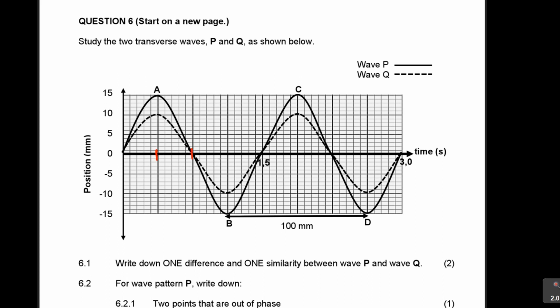This is time in seconds already. See that? It's a bit tricky, this scale, the way they are using it, this and the half there. Okay, let's count how many waves, number of waves passing a given point in a second. How many waves here for P? From here, this is 1 wave, and then we've got 2 waves, right?